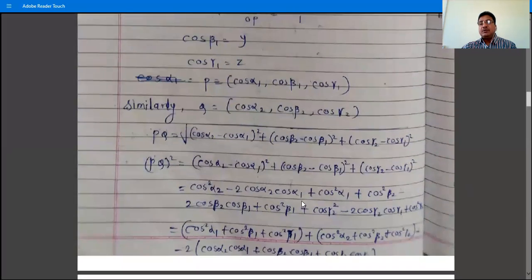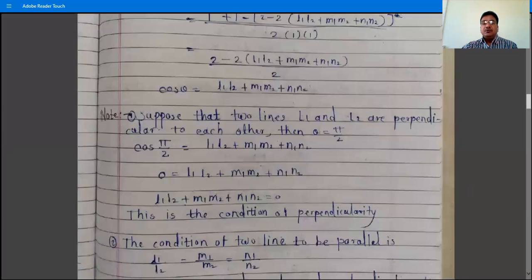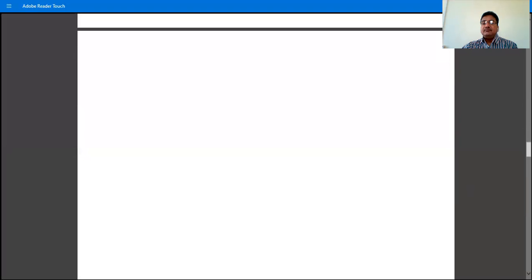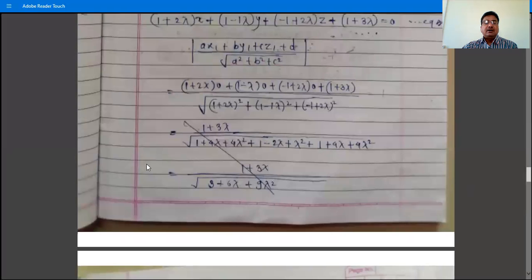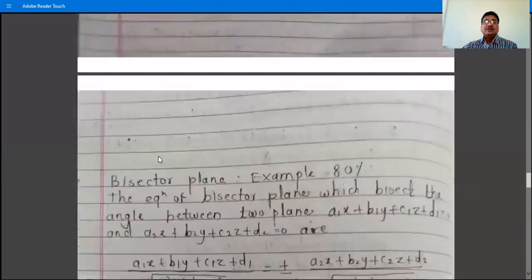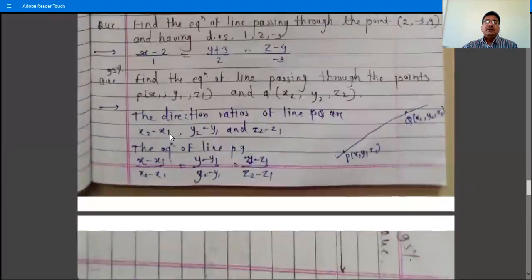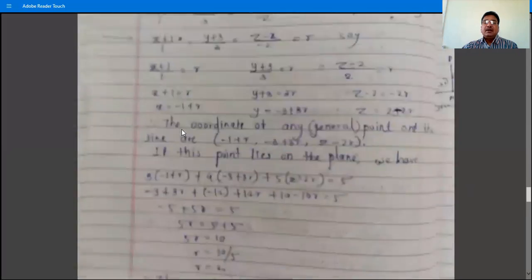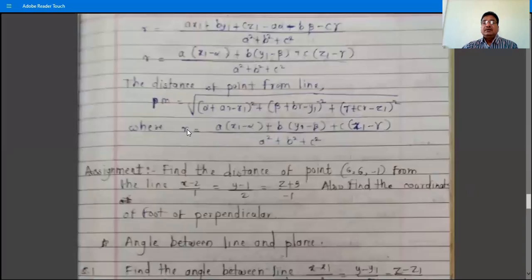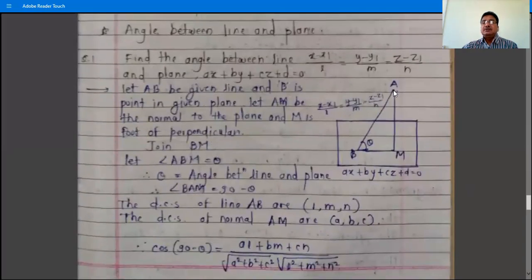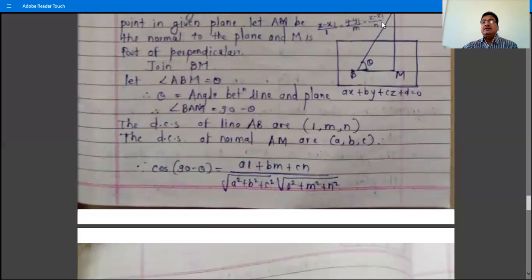So by using this formula in this proof, the angle between the two lines, that is the line AB and the line perpendicular to the plane. The direction ratios of line AB are l, m, n, and the direction ratios of line AM are a, b, c, and 90 minus theta is the angle between them.